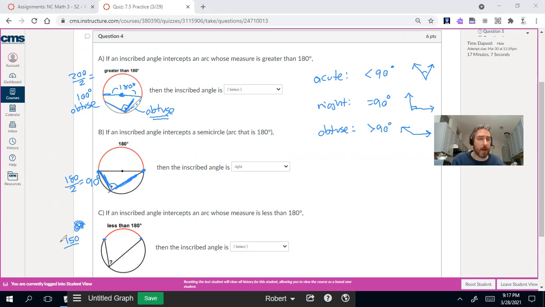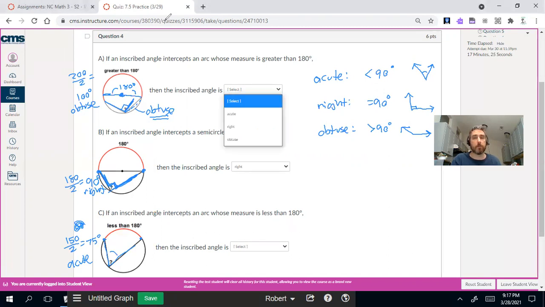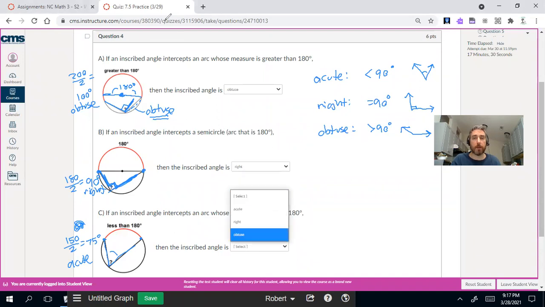If I take half of that, that's 75. 75 is less than 90, right? So that's going to be acute. So this is going to be right. This is going to be acute, since that's less than 90. So obtuse, right, and acute.